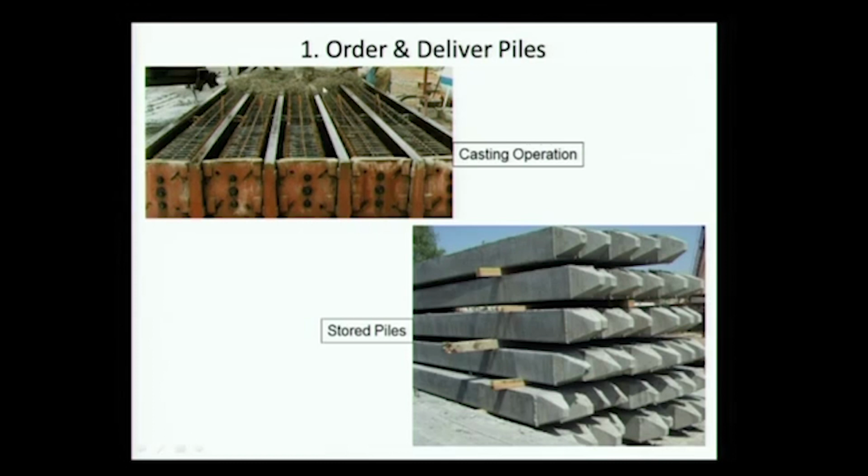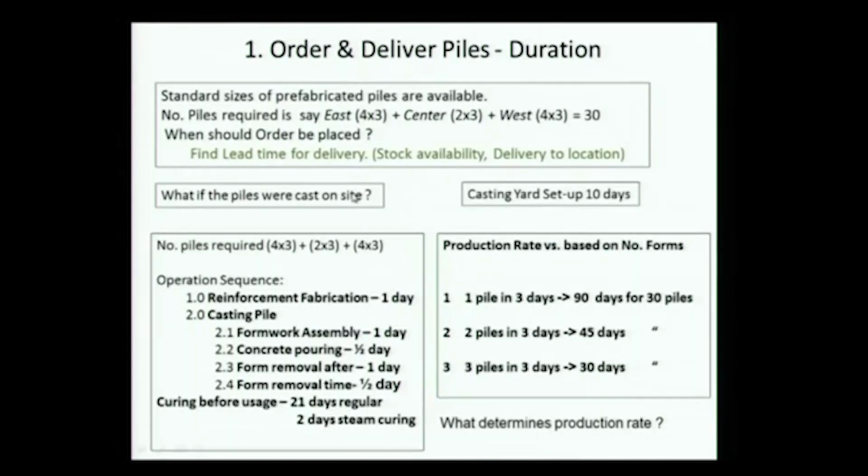So here you can see multiple fabrication beds. If I had only one mold, it will take more time. So how many molds? I need 30 piles. How many molds should I invest in? That is another critical driver of my rate of production of piles.